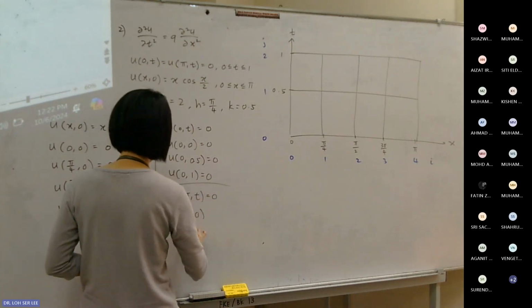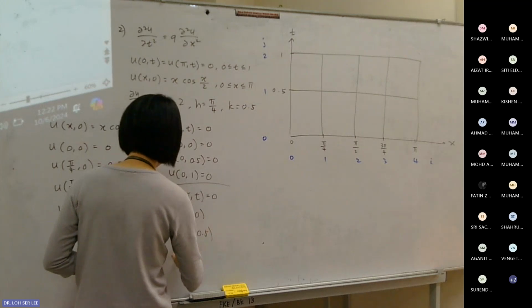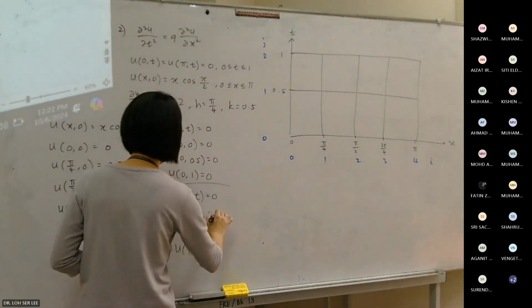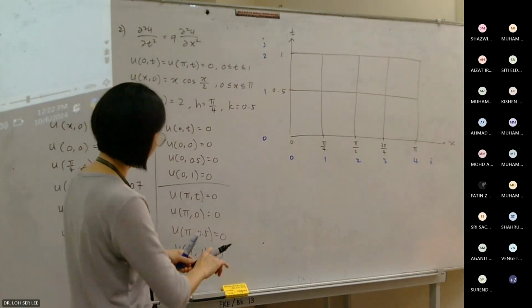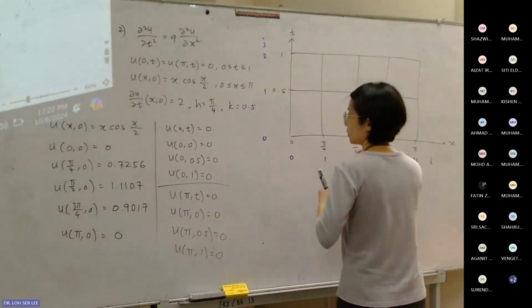Five zero, 5, all 0. Fill up the values.